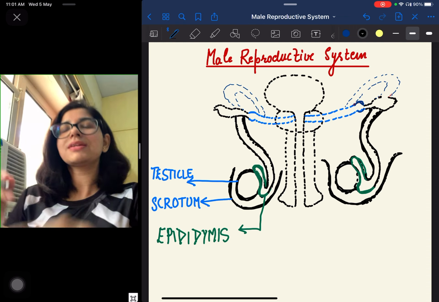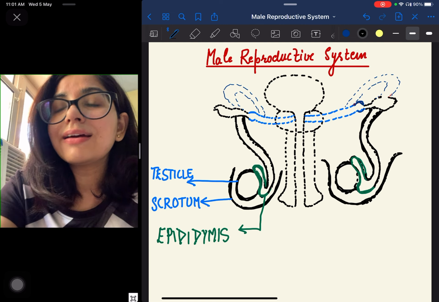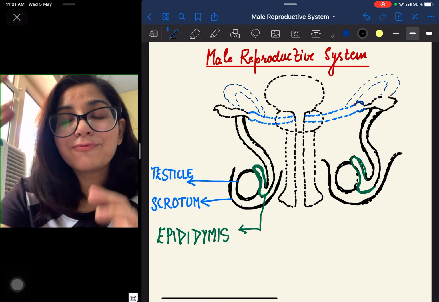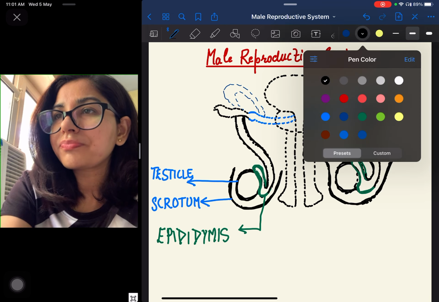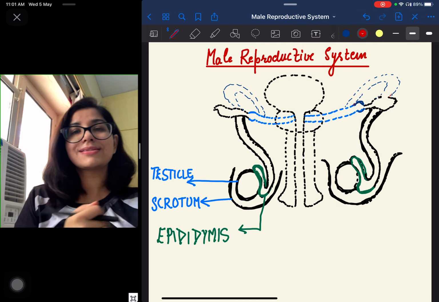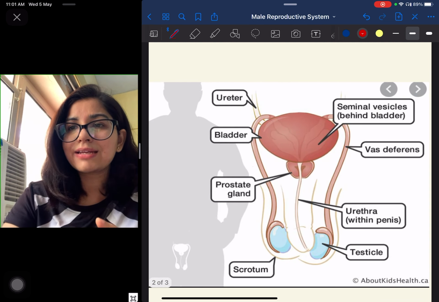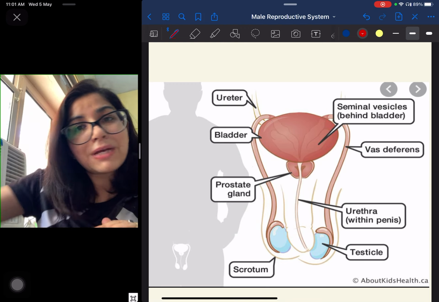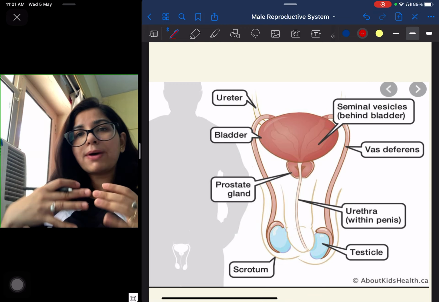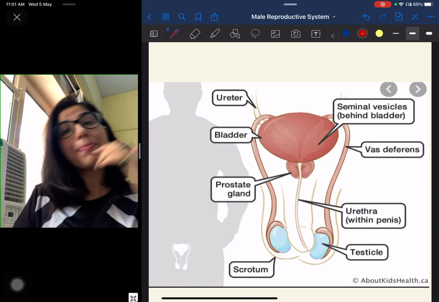now from this duct, in the pathway of the duct, there is one very important gland, that is the seminal vesicle. If I show you the diagram, बच्चे vast ये seminal vesicle bladder के पीछे होता है. So जब आप draw करते हो आप पीछे वाला part नहीं दिखा सकते हो जो back side पे है.